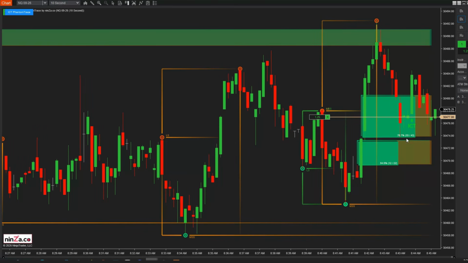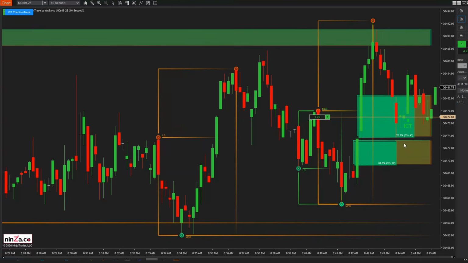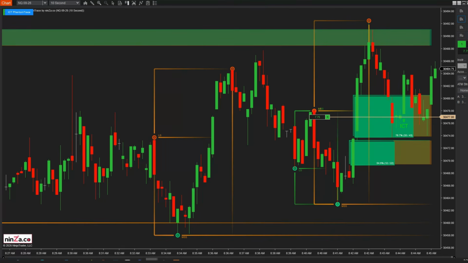They dig into this area a little bit, but still anything above here, as far as I'm concerned, is bullish now. And they should be attempting this zone and probably going beyond it. But as soon as they get in there, I am just going to take a profit.